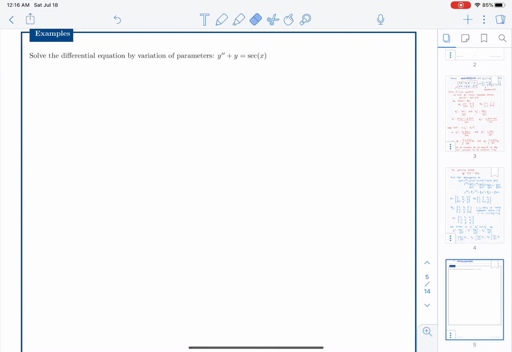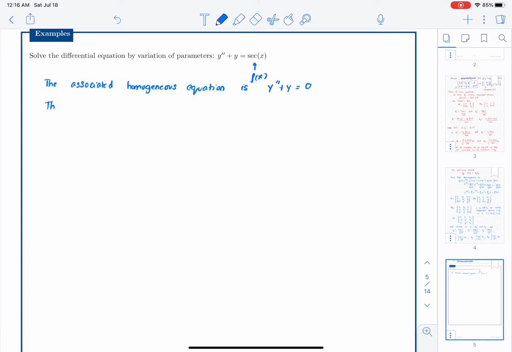So the right hand side is f of x. The associated homogeneous equation is y double prime plus y equals 0.